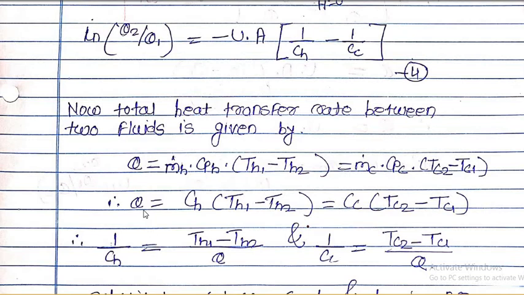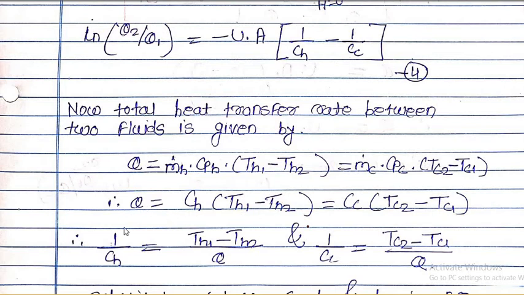So Q is equal to Ch into (Th1 minus Th2) is equal to Cc into (Tc2 minus Tc1). From this we can write the expressions for 1 upon Ch and 1 upon Cc, starting from the first two terms, Q is equal to Ch into (Th1 minus Th2).